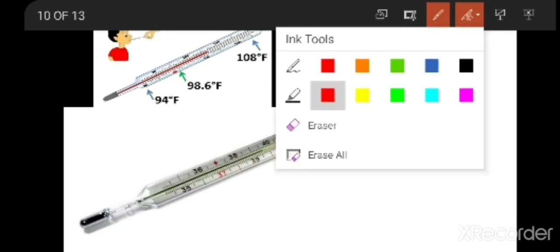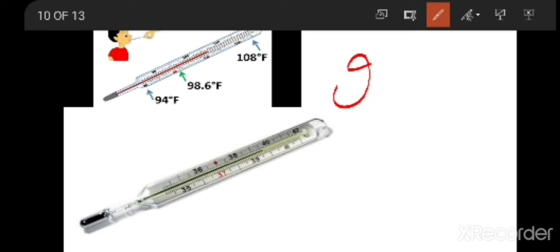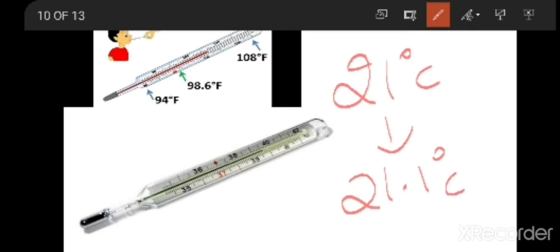But suppose your body temperature is 21 degrees Celsius and it has risen to 21.1 degrees Celsius. Here your body temperature has increased by only 0.1 degree Celsius. Mercury cannot show that reading. A 0.1 degree Celsius difference, it cannot show. So if you want to record very minute readings also, then you have to use alcohol.